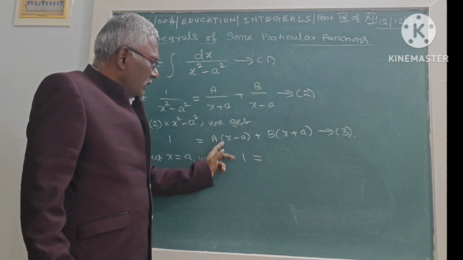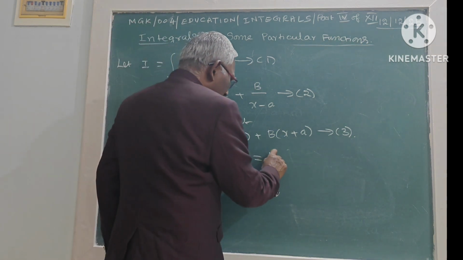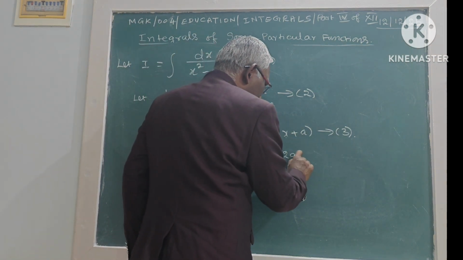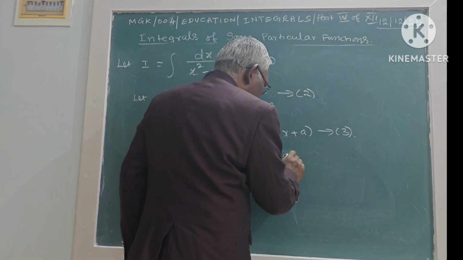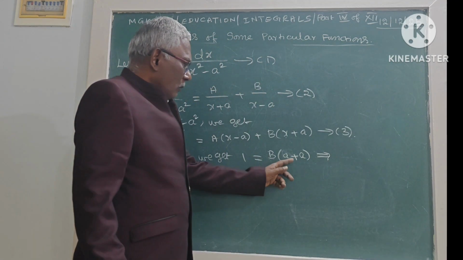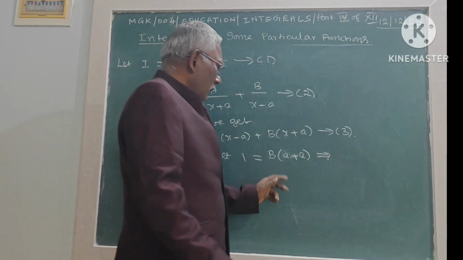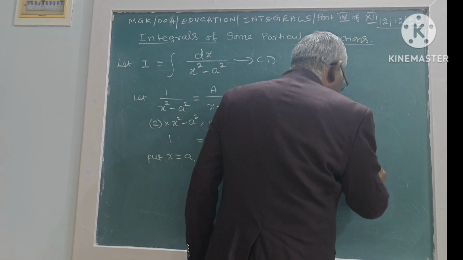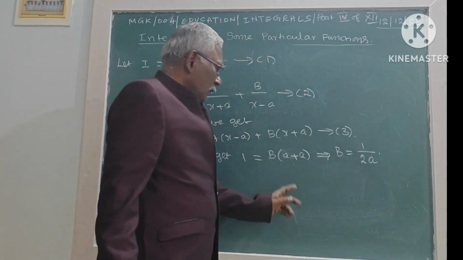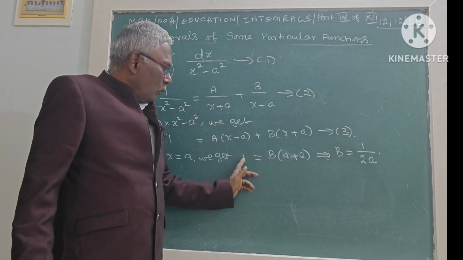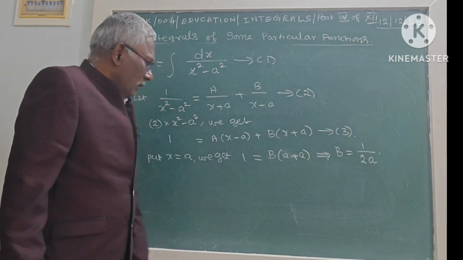So this term becomes 0, and B into a plus a, 2a. So 2aB is equal to 1. This gives B is equal to 1 by 2a.